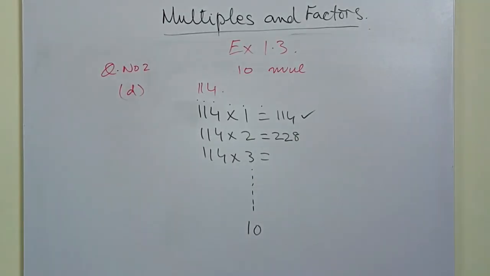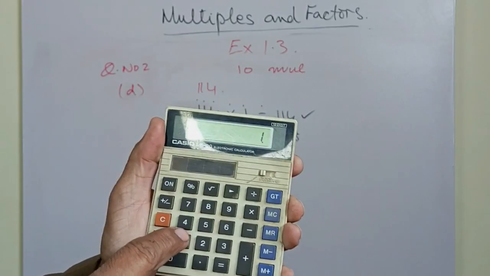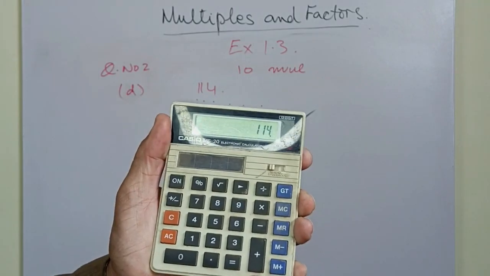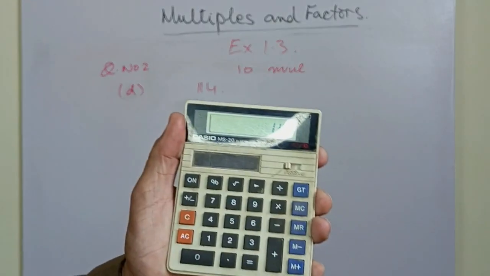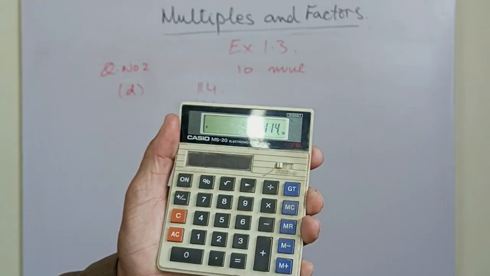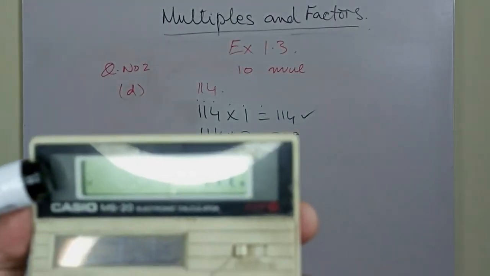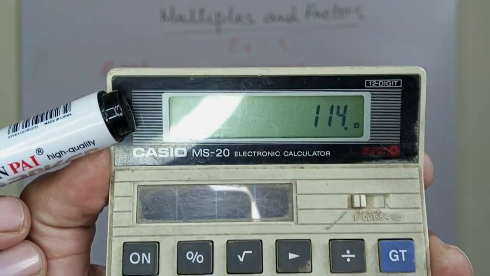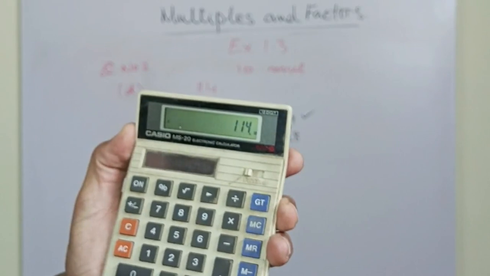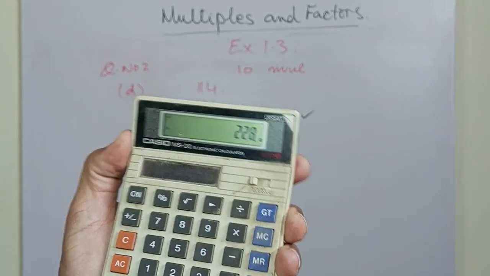Now, what is the trick? 114. Press the plus button once, twice. You will see that a small k will appear here, and then you press the equal button.